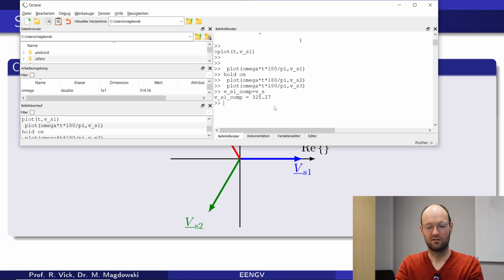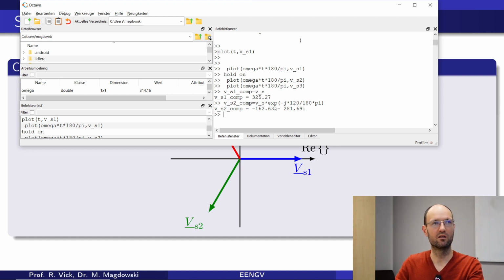Okay, so if I do this for the second one, multiply with some exponential function minus j multiplied with 120. Once again, I need to convert from degree into radians. So this should be a multiplication here. And so the output that Octave will display for us will be the real part and imaginary part.